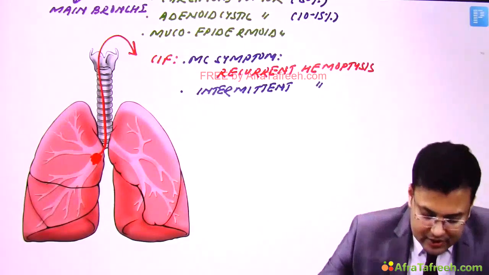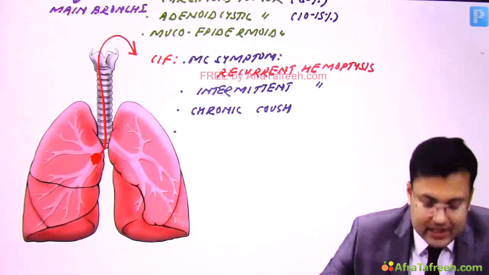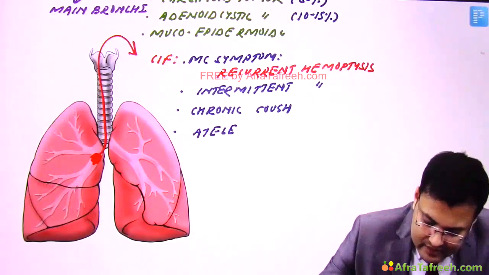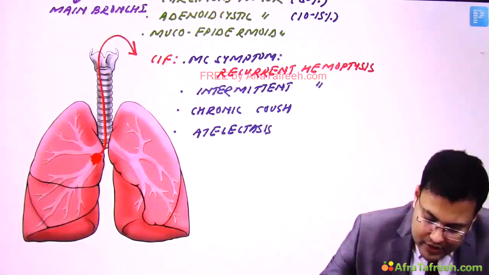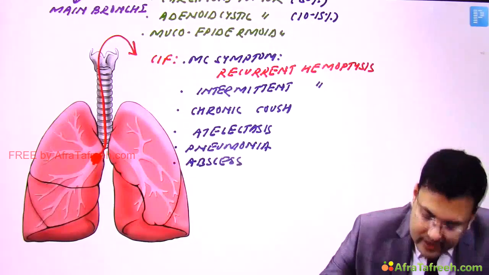Since there is obstruction, it leads to chronic cough. Since there is obstruction, what are the complications? It can lead to atelectasis, it can lead to pneumonia or abscess formation. Clear? These are the complications.